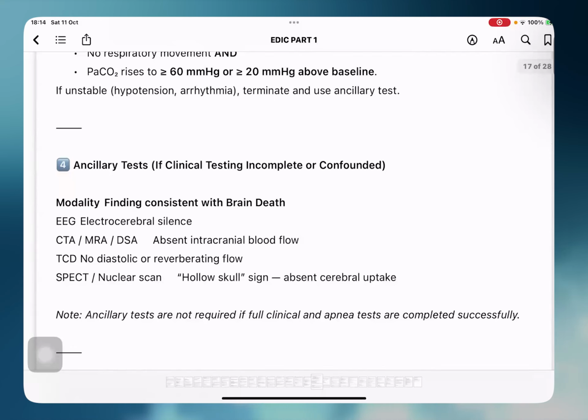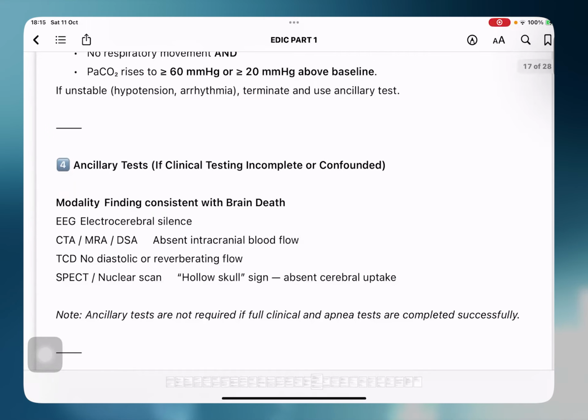Or a transcranial Doppler, which will show no diastolic or reverberating flow. Then, if you still want to confirm, SPECT or nuclear scan, which shows a hollow skull sign. That is, there is no uptake of the nuclear marker by the brain. So there is absent cerebral uptake.